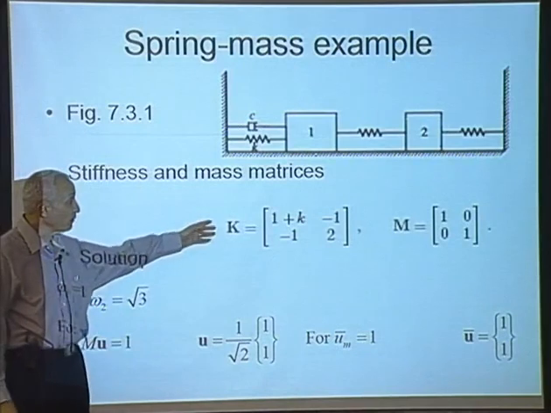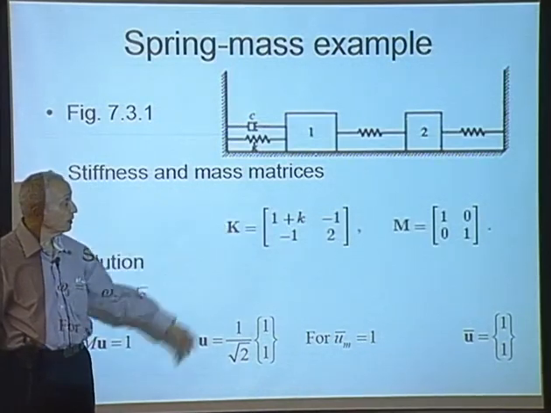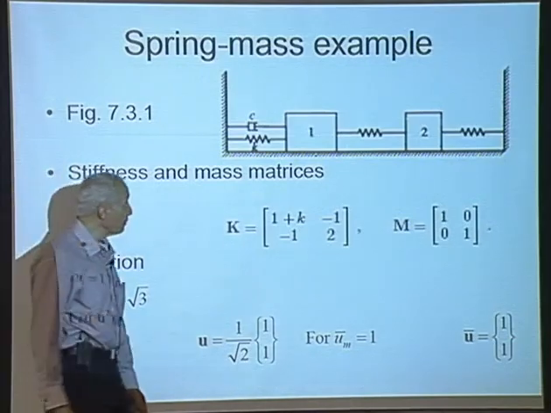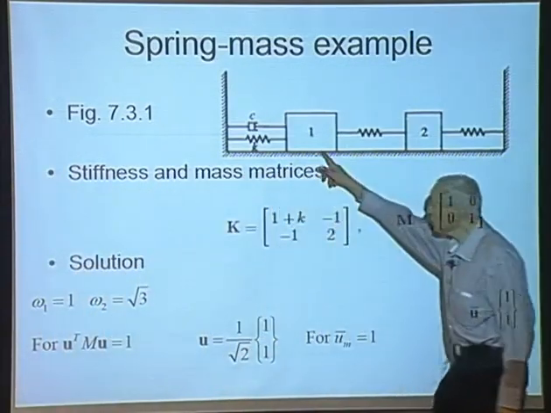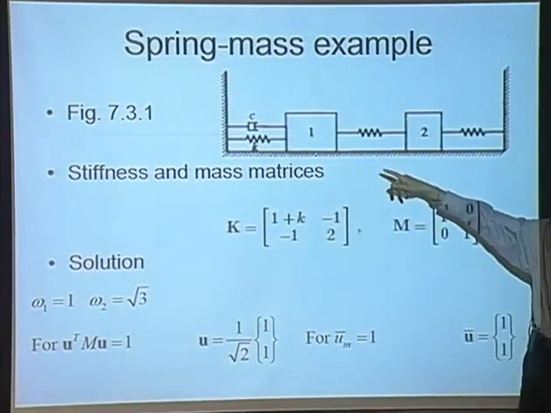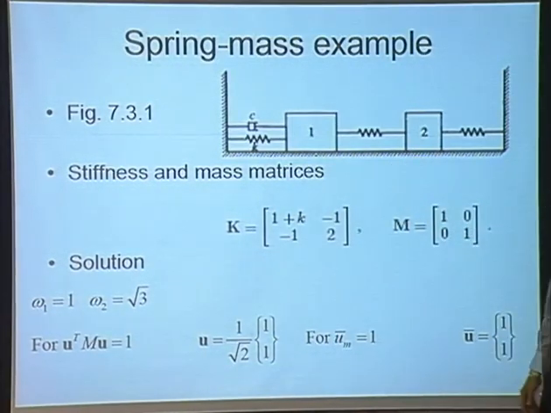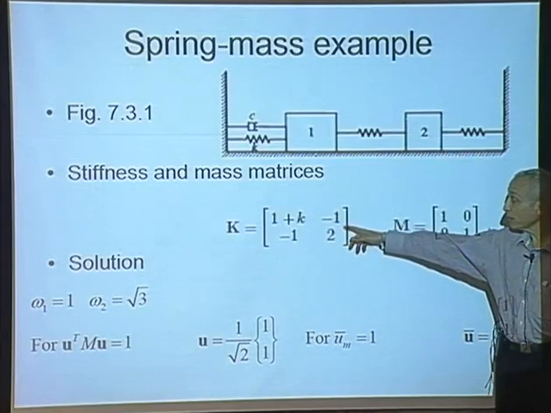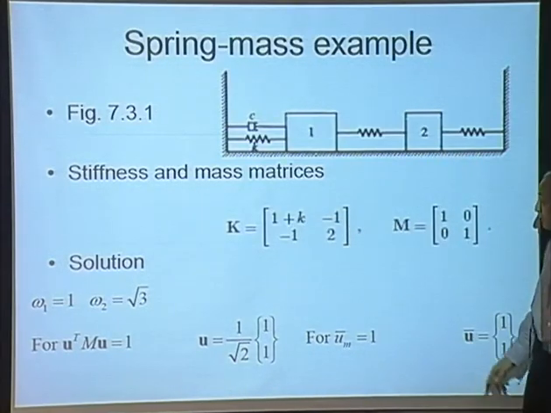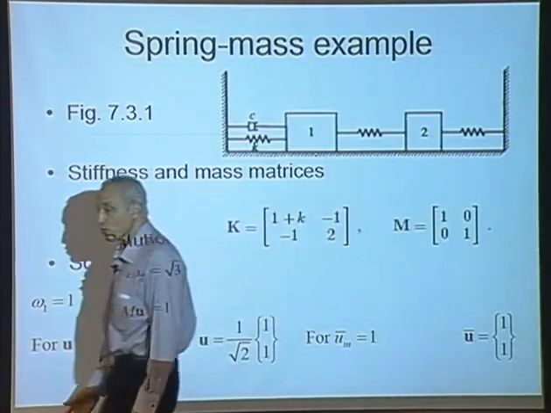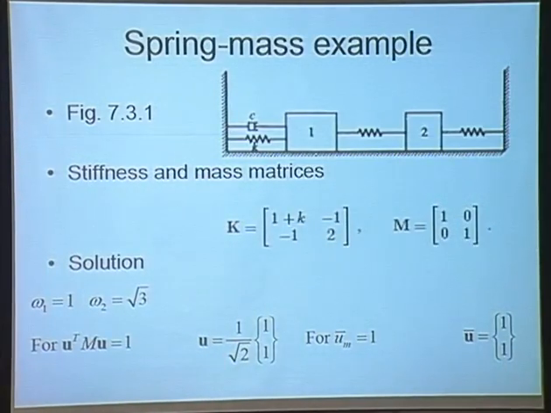Anyhow, this problem was set up so that k is very simple. We have 2 degrees of freedom, which is the horizontal motion of mass 1 and the horizontal motion of mass 2. And then the stiffness matrix is this, and the mass matrix is the identity, which means that I've selected the two masses to have unit values.